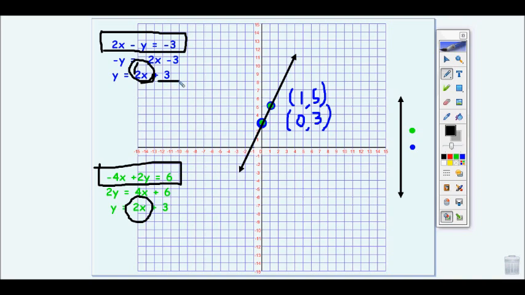But then I also notice this time they have the same y-intercept. That means that the slope of the line is the same, but it is also crossing the y-axis at the exact same point. So that means it's the same line. So there are infinitely many; every xy coordinate point on this line will satisfy both of those equations, or be a solution to the system.